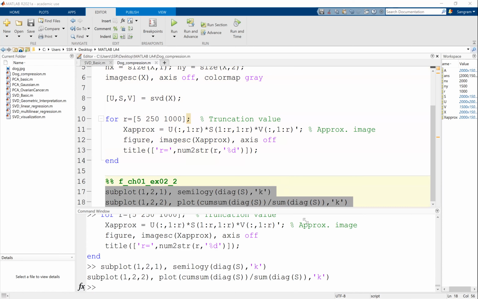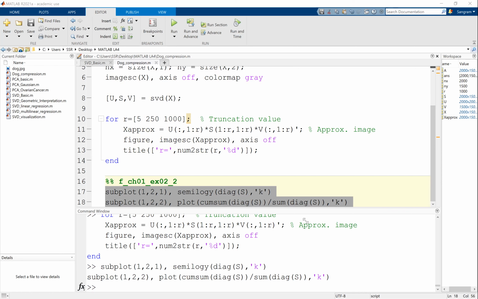On the left hand side, you will notice there is no legend here, but I want to tell you what it means. If you were to retain 1,500 singular values, you will get perfect reconstruction. But as you start decreasing, maybe at 1,100, you are still going to get very good reconstruction. And that's what is shown over here.